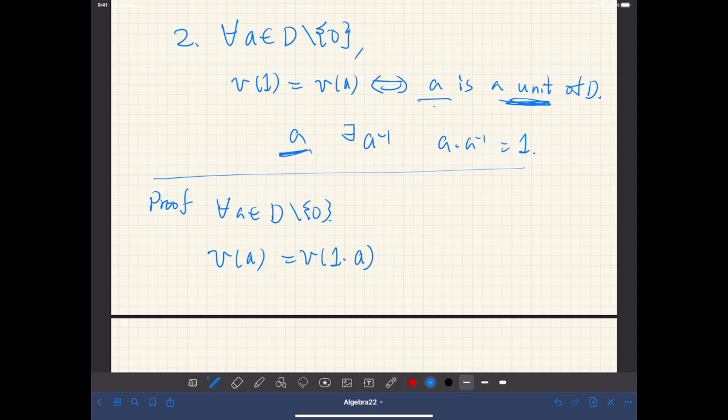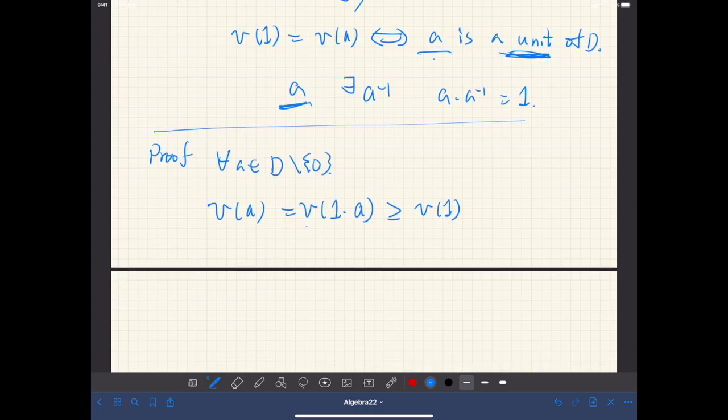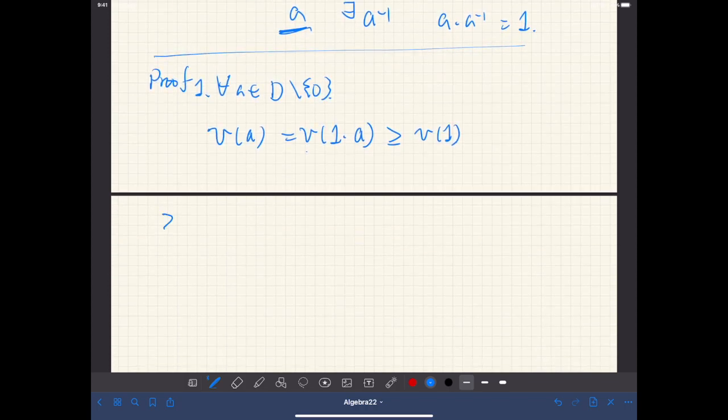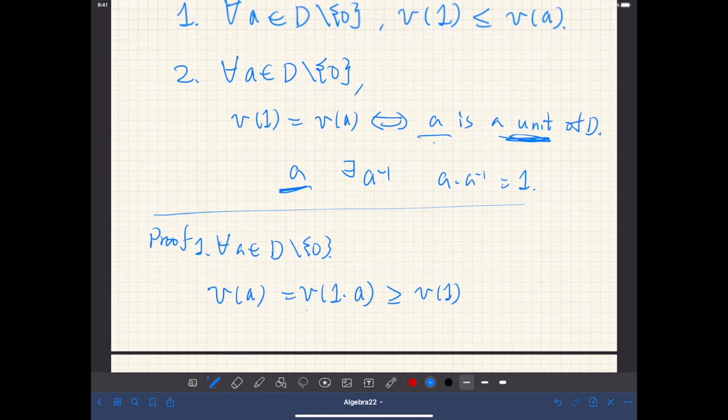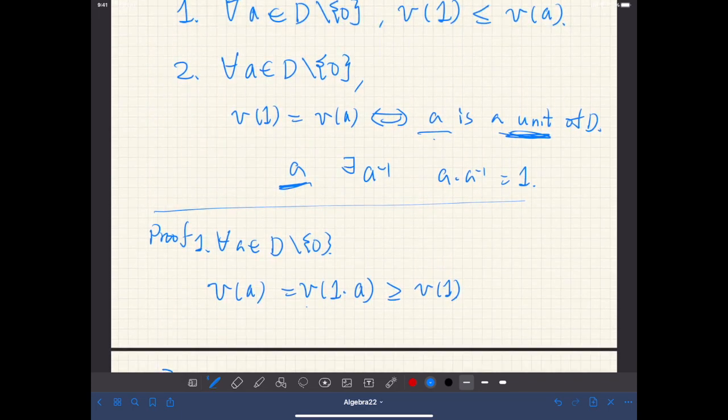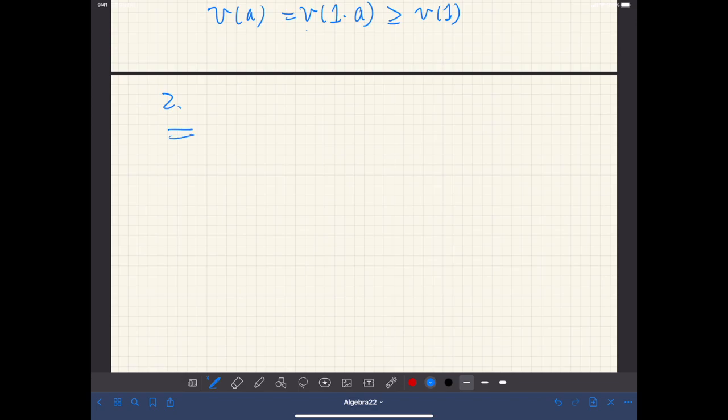But by the definition of this mapping v, this is greater than or equal to v of 1. And it's done. So this is part 1, and the next part is part 2. Since this is an if and only if statement, we have to prove both directions. Let's prove the if part first.